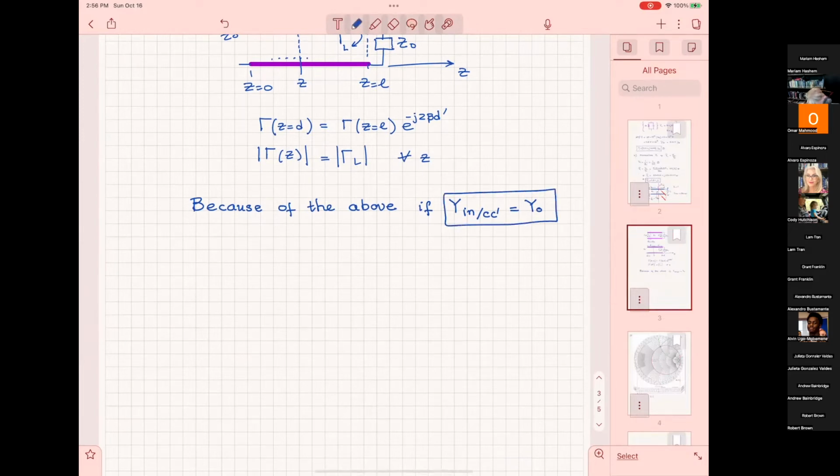If we do this, then the reflection coefficient everywhere to the left of C prime will be 0.